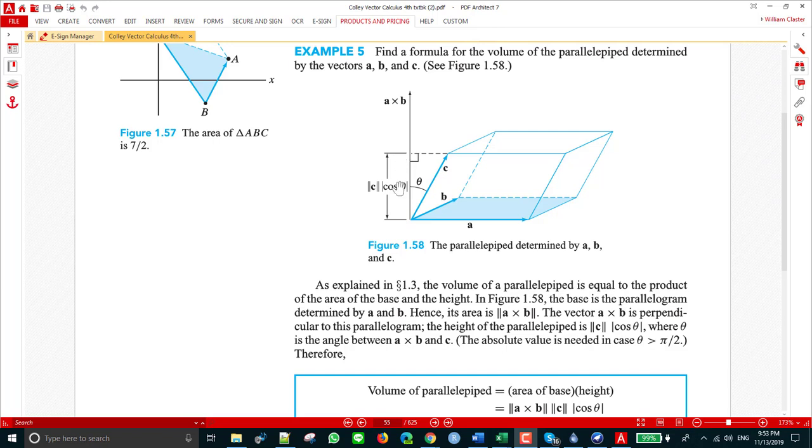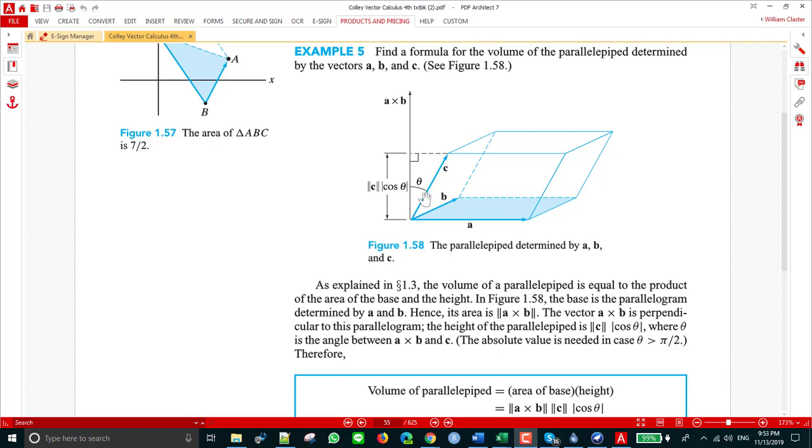I think we worked that out before, and you can probably see it from simple trigonometry. Either way, this length is going to be the norm of C, the length of C, times the cosine of the angle between this and this. So you can either use the projection to get that, or some trigonometry.